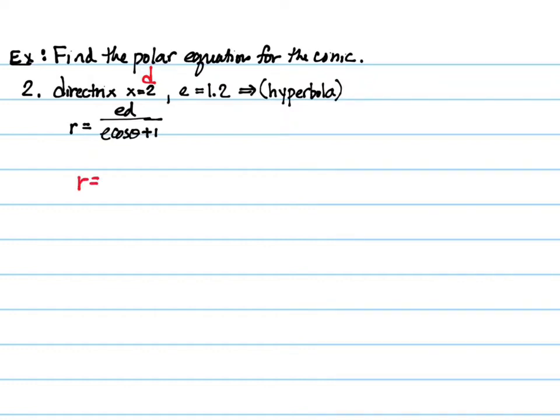So we have the following equation. r equals, we have 1.2 times the d value of 2 over the e, which is 1.2 again, cosine theta plus 1.